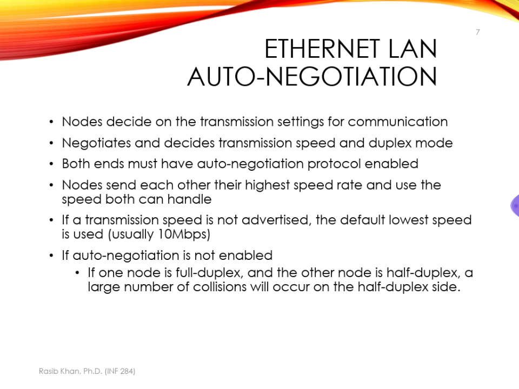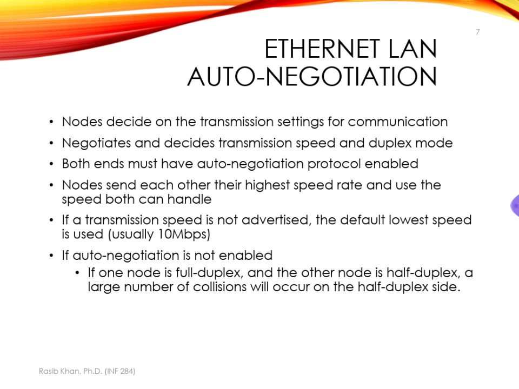So for auto negotiation to work, there is a protocol for auto negotiation, and both of these network ends must have the protocol enabled so that they can exchange this information. They send each other the highest speed that each of these ends can support, and then they agree on the speed which is common for both of them.